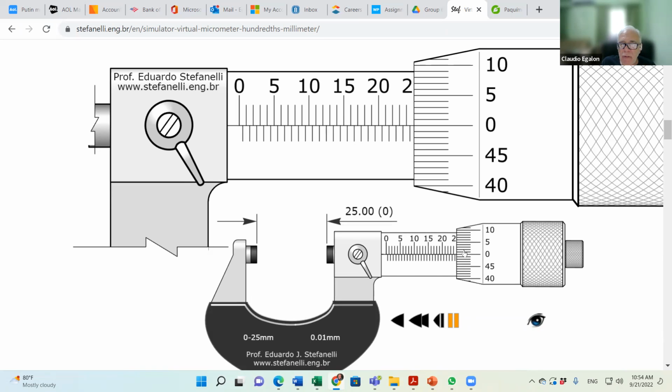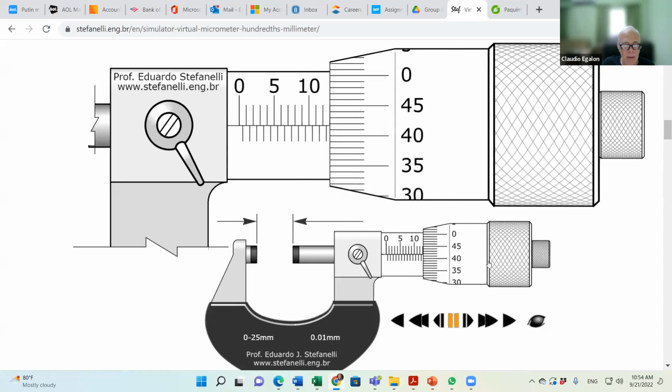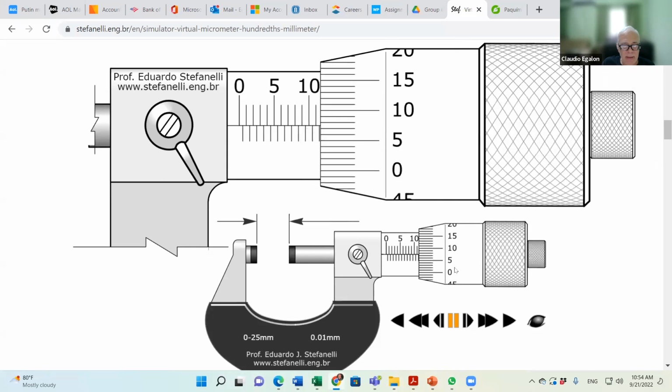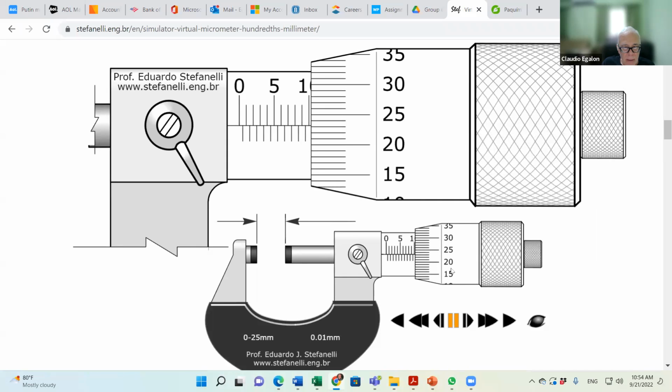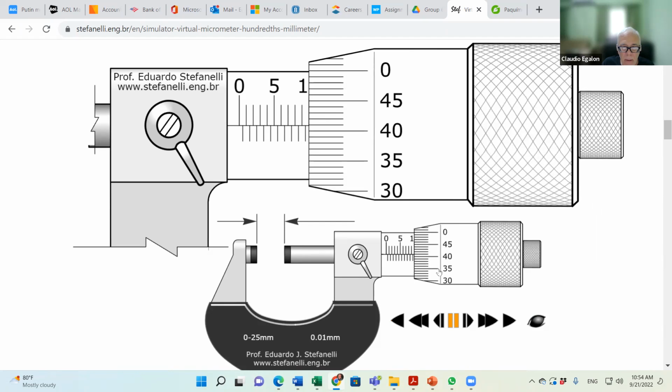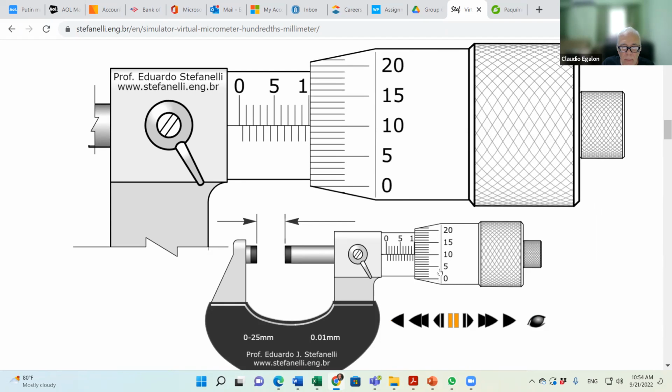And on top of that, you have this 3rd rotating scale. So you can fit your sphere right here between the jaws of this micrometer and take a measurement of the diameter. In this specific case, how will we take the measurement? What's the measurement that this micrometer is taking?